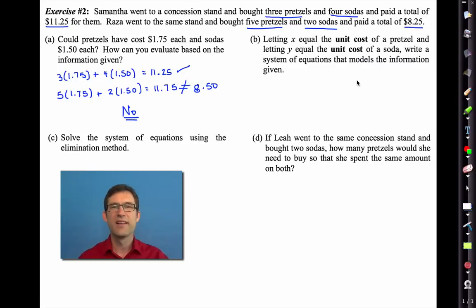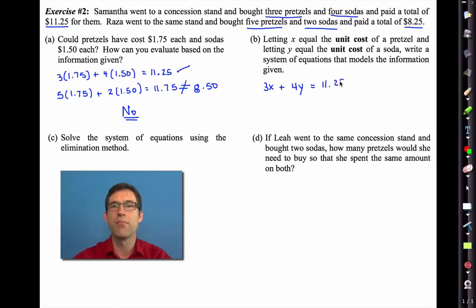All right, let's go through it. Well, what do we know? We want to do exactly what we did over here. Samantha bought 3 pretzels, and if we multiply that by the price of a pretzel, which is x, we get how much she spent for pretzels. Add to it, right, 4 times the cost of a single soda, right? That's how much she spent on sodas, and we should get how much she spent overall.